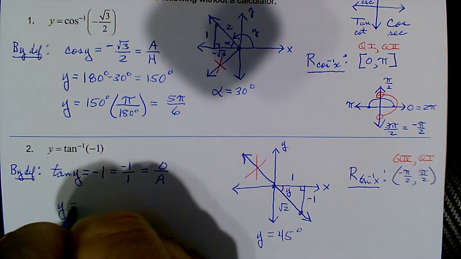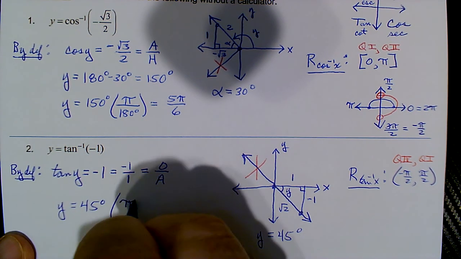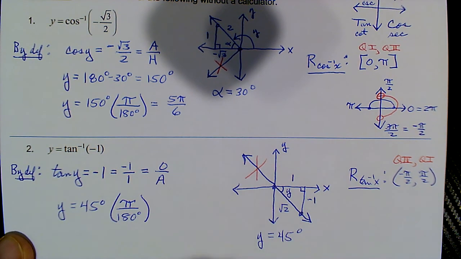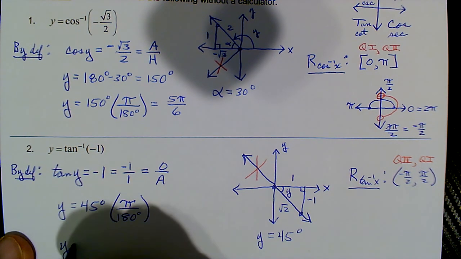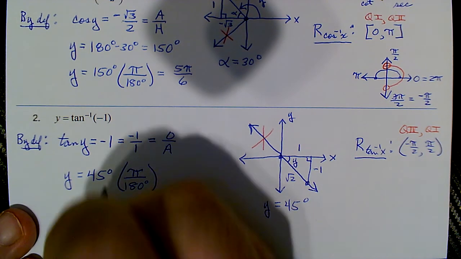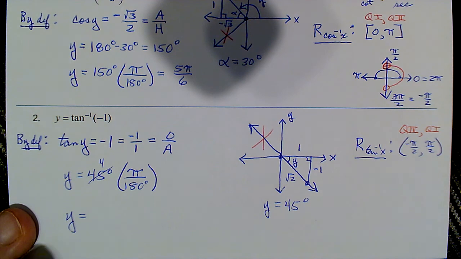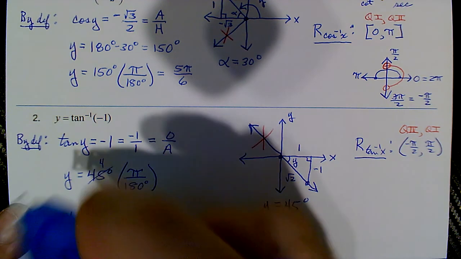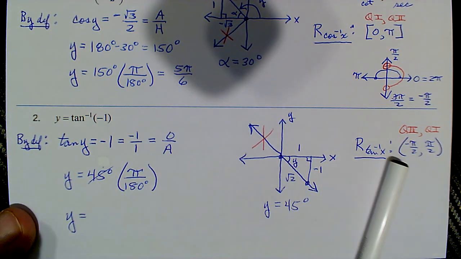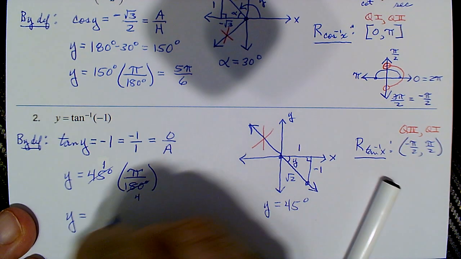So y is 45 degrees, but you want to give that in terms of radians. So either memorize the conversions, that 45 is pi over 4, or multiply by the conversion factor, pi over 180. 45 goes into 45 one time, and 45 goes into 180 four times.